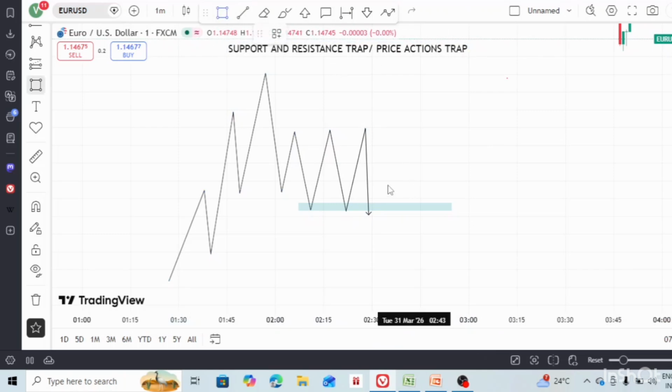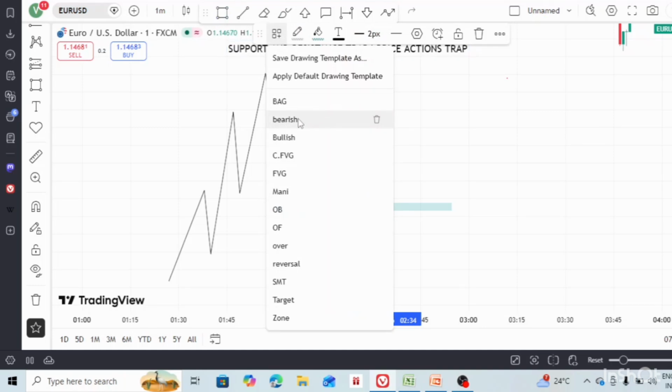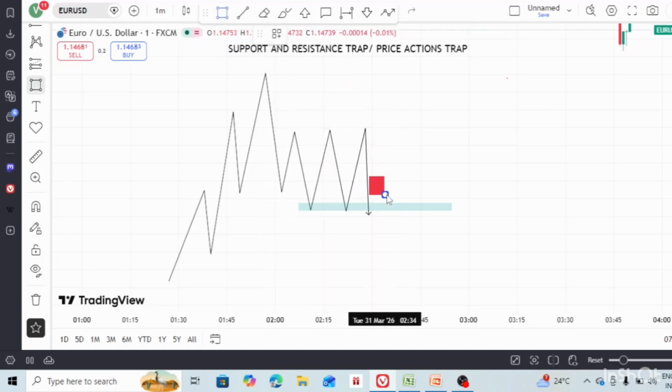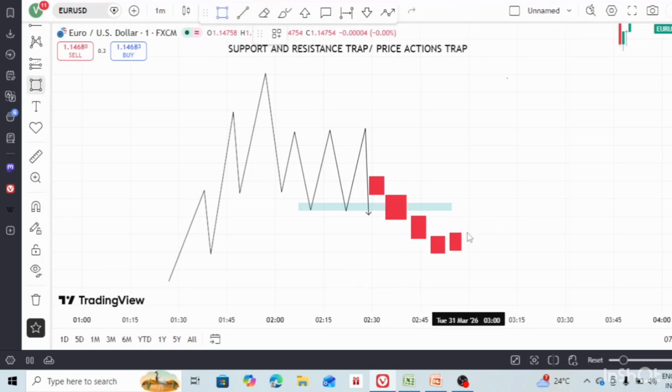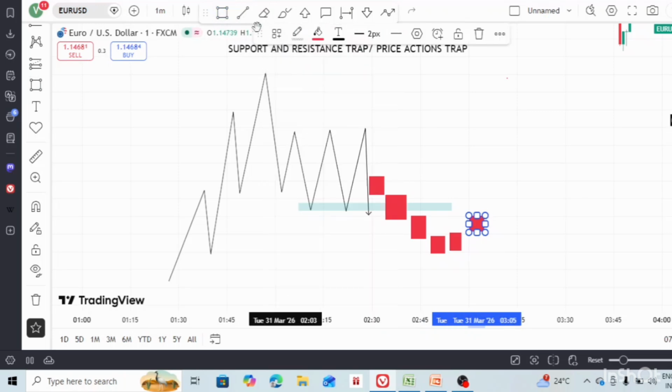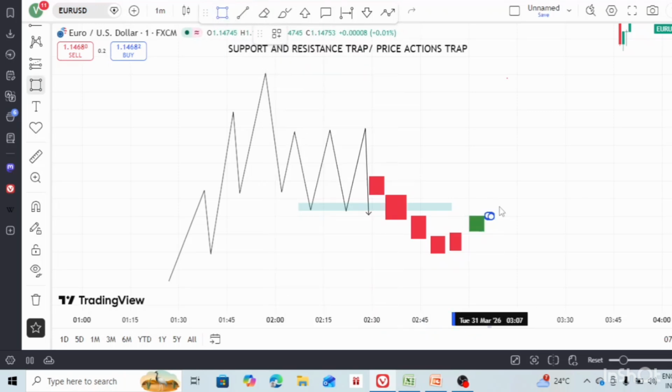So suppose the market breaks this support level, and then the market comes and mitigates this one.